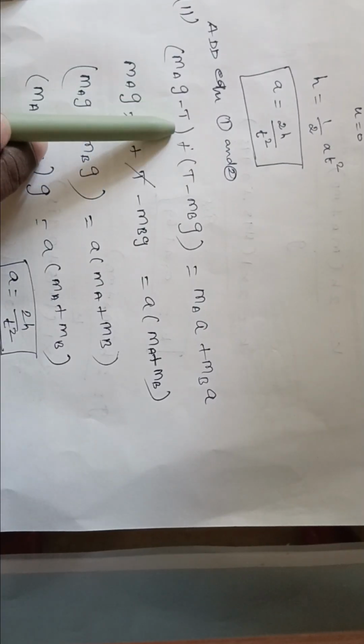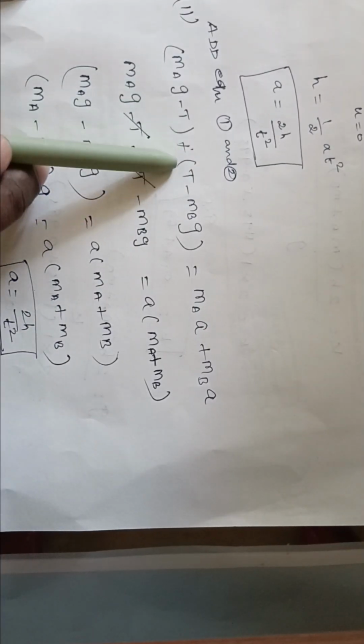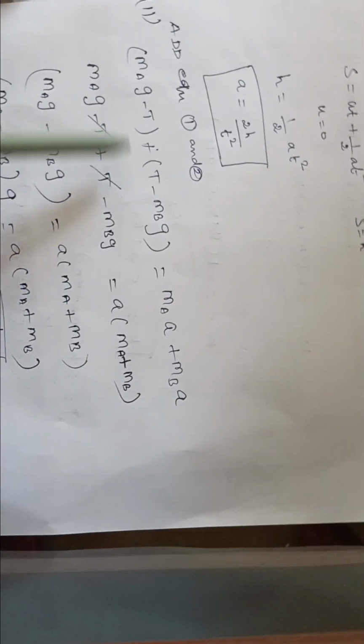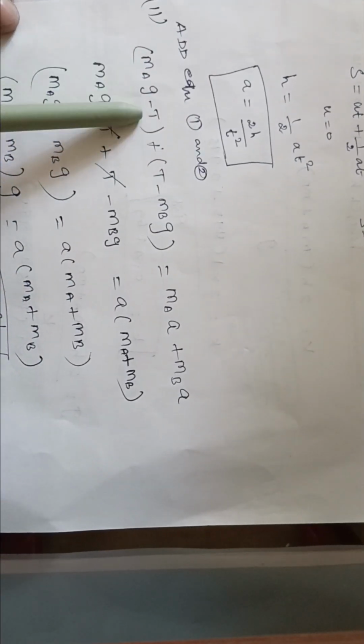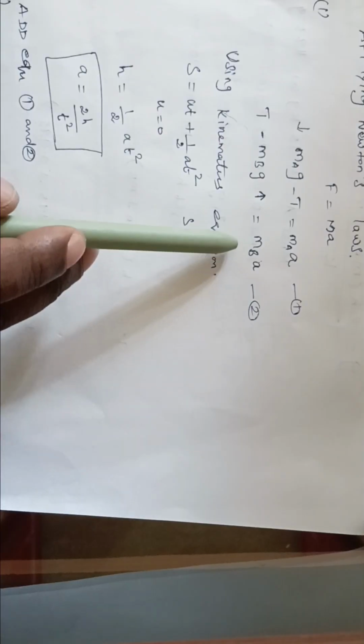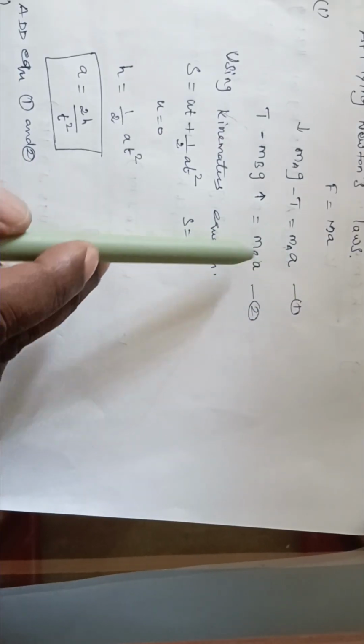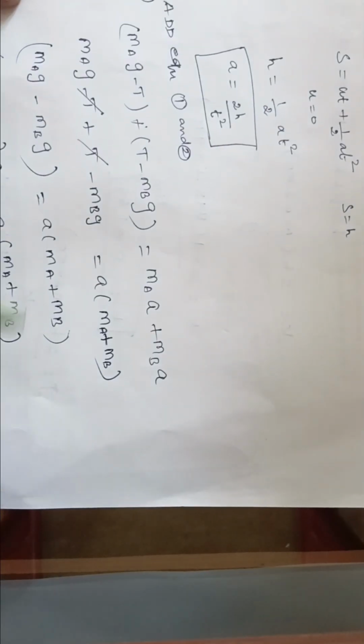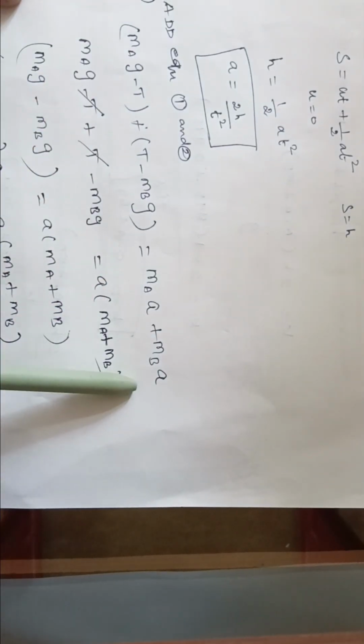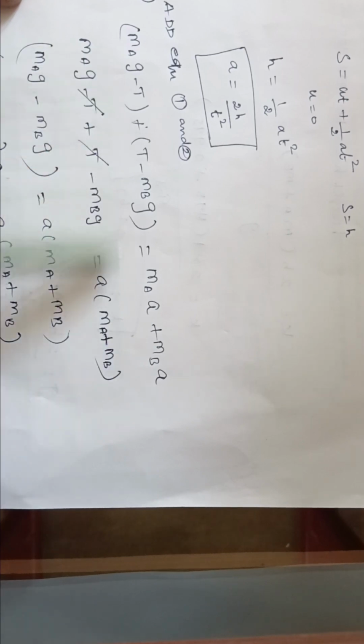Equation 1 is m_A g minus T, plus equation 2, T minus m_B g. On the left side I write m_A g minus T plus T minus m_B g, equal to, on the right side, m_A a plus m_B a, both accelerations. So do you understand this equation? Did you understand this one?